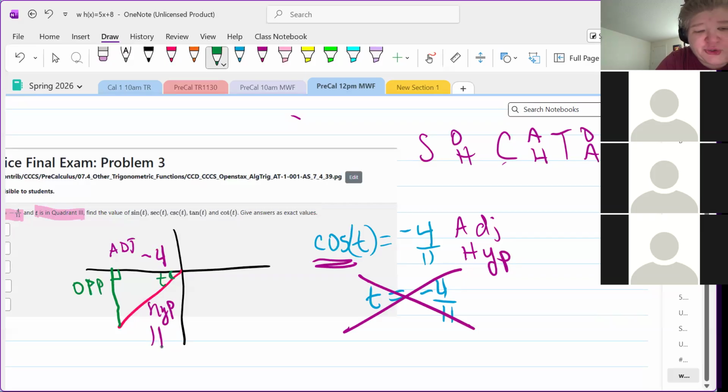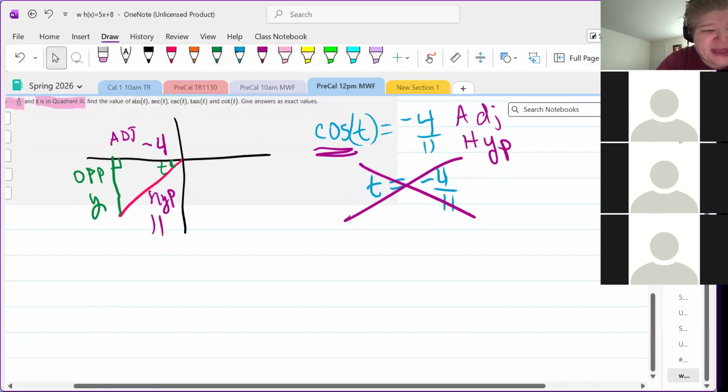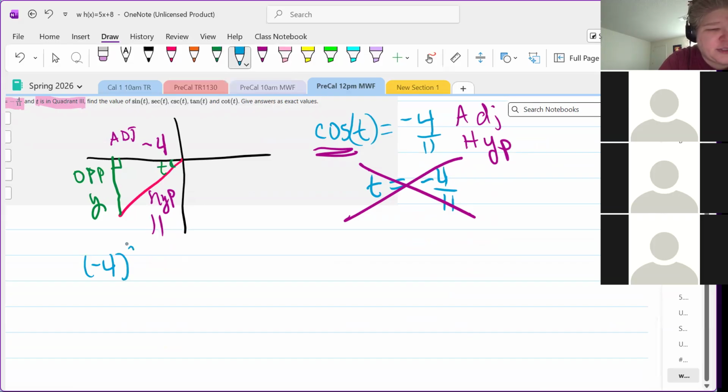Now I know two of the three sides of a right triangle, so I can use Pythagorean theorem here because I know it is a right triangle. So I'm just going to call that y. So we're going to use Pythagorean theorem to get that third side. So we have (-4) squared plus y squared equals 11 squared.